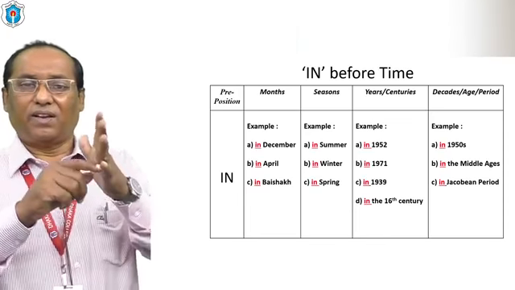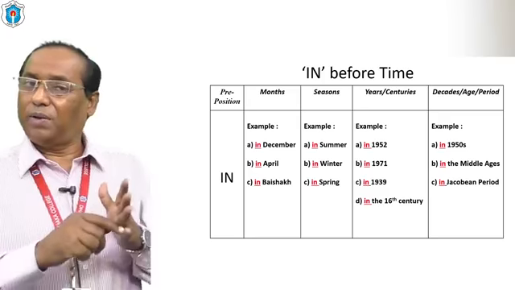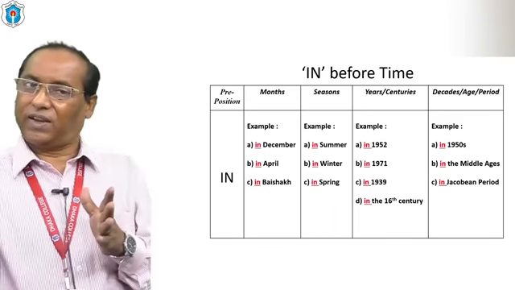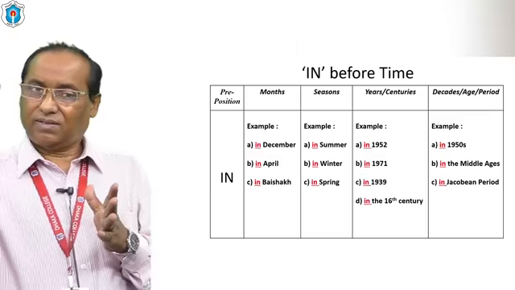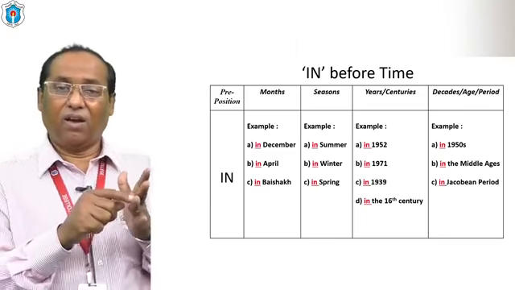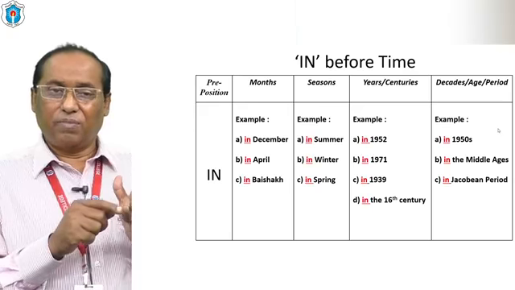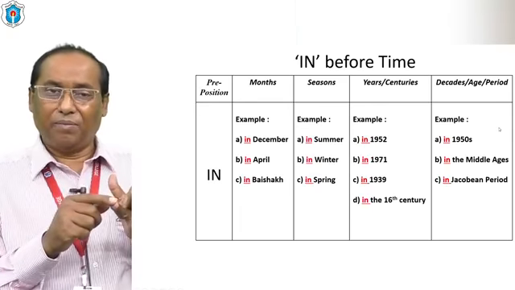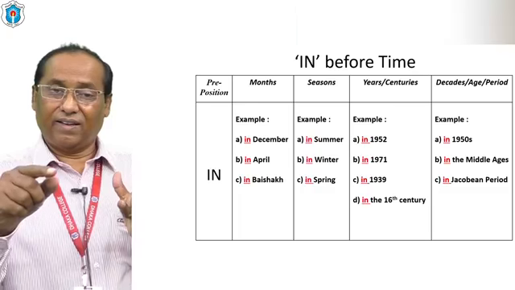At 9 o'clock, at 5 p.m., most specific and the smallest time. Then on is used before the time longer than at.